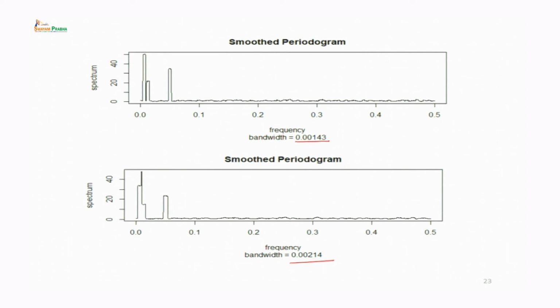And if you further increase the bandwidth, then see what happens. Now, it appears that your time series has just two dominant frequencies. So, this is the impact of over smoothing. It blurs the picture, it blurs the peaks of the periodogram.